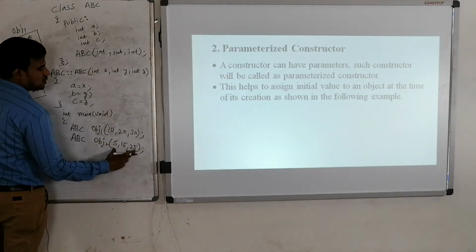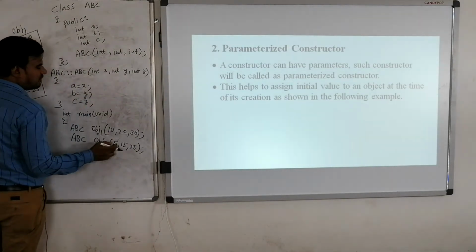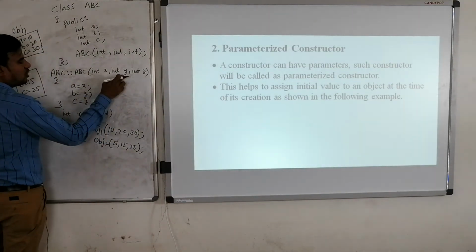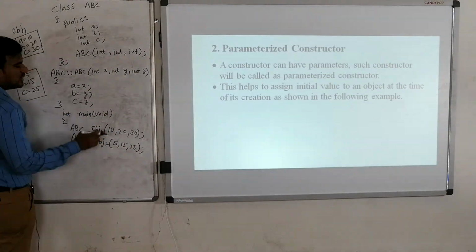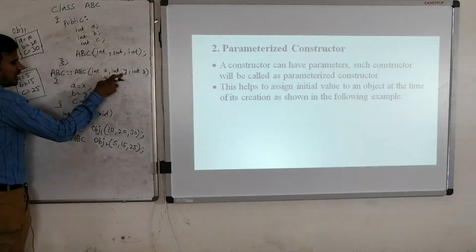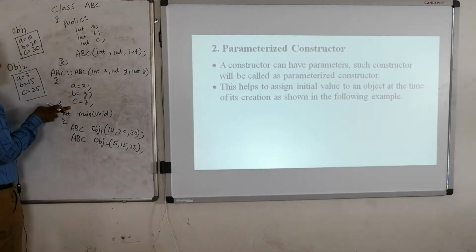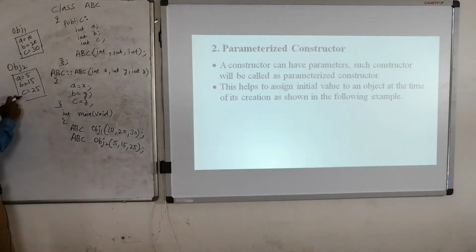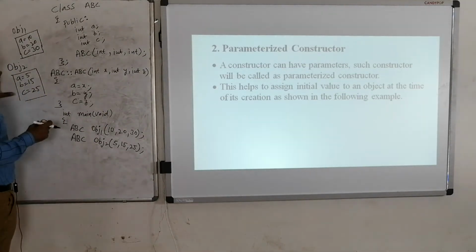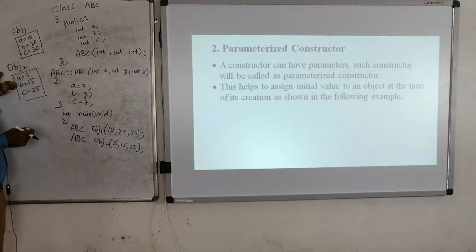How many parameters do you have? Three parameters, so this will invoke this constructor. Here 5 will be copied to x, 15 to y, 25 to z, and then x value 5 will be initialized to A, y value 15 to B, z value 25 to C. In this way you get this type of object, what we call the memory view inside your computer's memory.